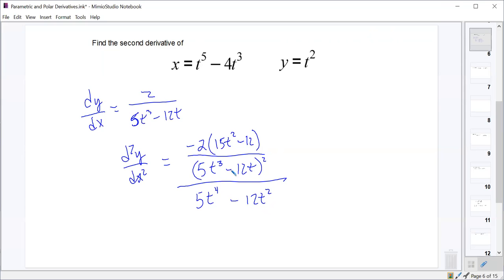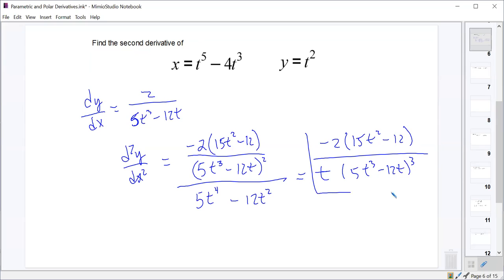And then I would get another 5t cubed minus 12t in there. So what should this end up looking like in the end? Negative 2 times 15t squared minus 12 over t times 5t cubed minus 12t cubed. Good or no?